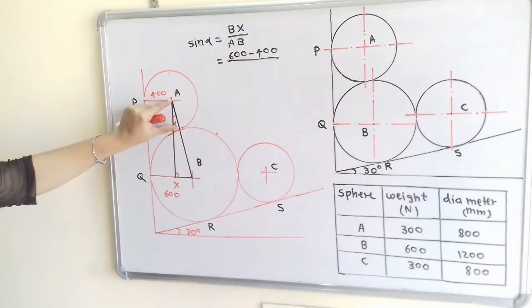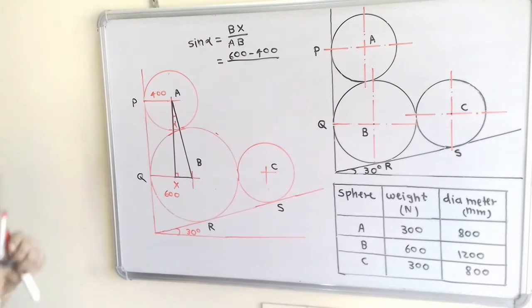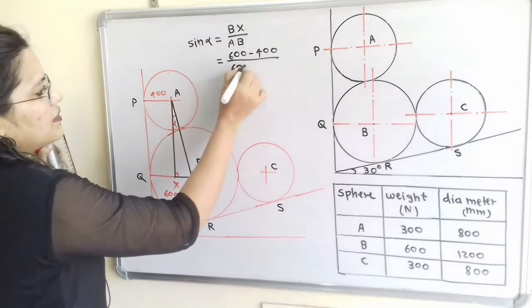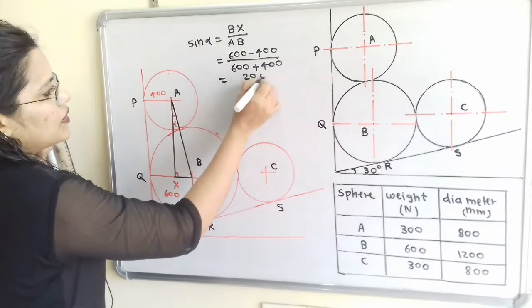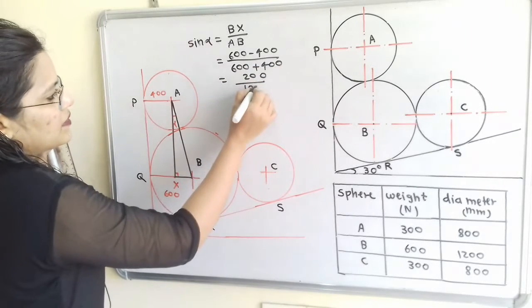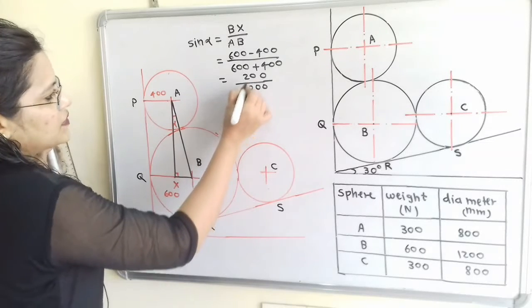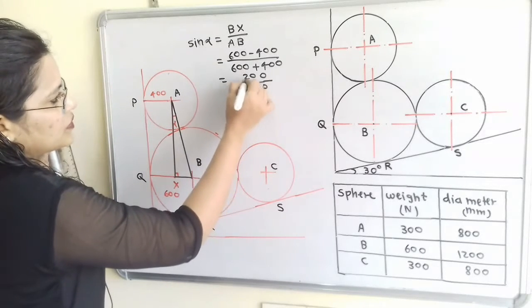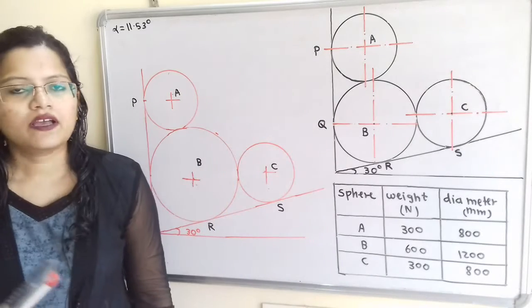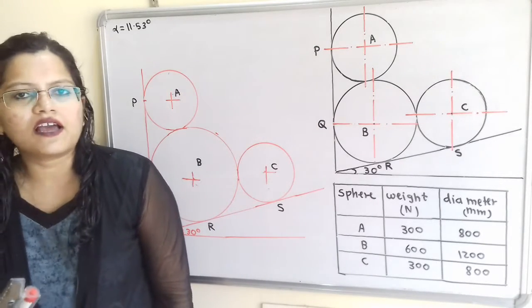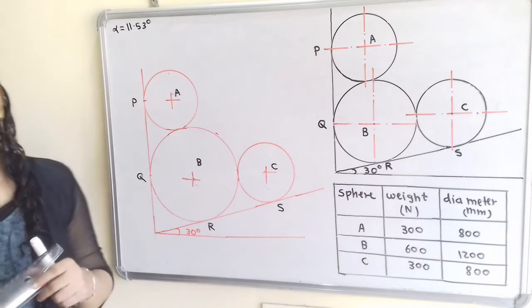So that is 400 plus 600, that is 600 plus 400. So here is 200 divided by 1000, which is equal to, here 200 is getting cancelled, 1 by 5. So alpha is equal to, calculated value of angle alpha is 11.53 degrees.